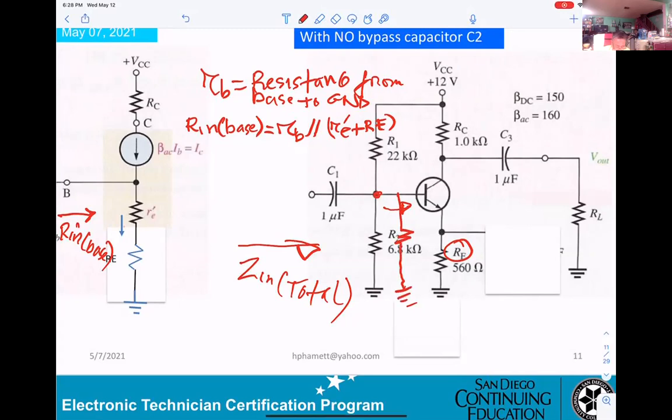However, R in base, you're looking into here, then you can say this guy here is parallel with R prime E, in series with that guy. You see that? Okay, that is the difference.